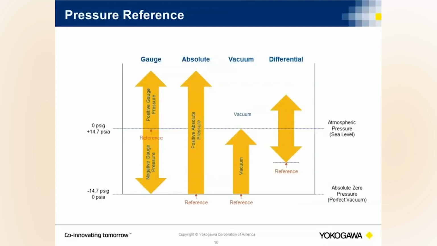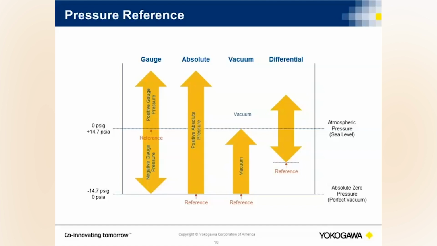Now I'm going to get to some of the different pressure reference standards available. So gauge, absolute, vacuum, and differential. So gauge pressure uses atmospheric pressure or pressure at the sea level as its reference. It can be either negative or positive when using this reference. Absolute pressure uses perfect zero or perfect vacuum as its reference.